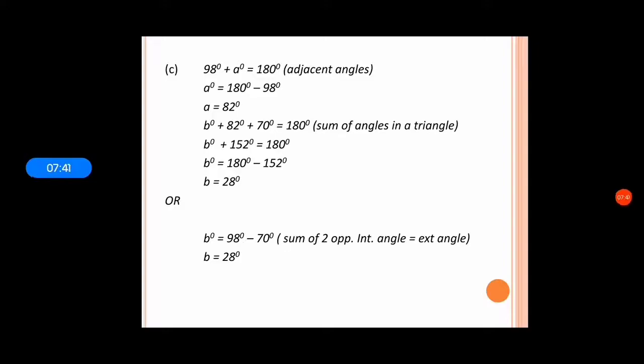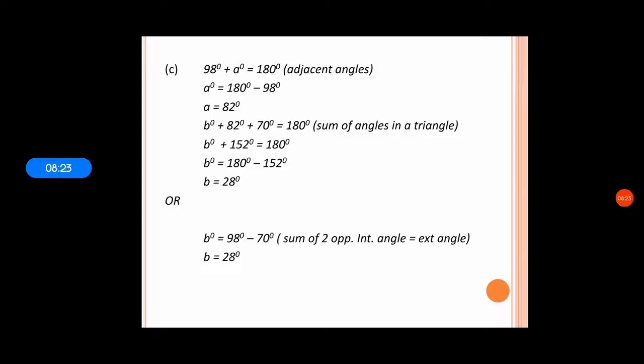So now that we have gotten the value of A to be 82 degree, we can use two methods to solve for B. In this place I have explained the two methods. So for us to get our B, we can decide to make use of sum of angles in a triangle by saying the value of A we got, which is 82 degree, plus 70 degree, plus B equals to 180 degree. That is sum of angles in a triangle. So our B plus 152 degree equals to 180 degree.